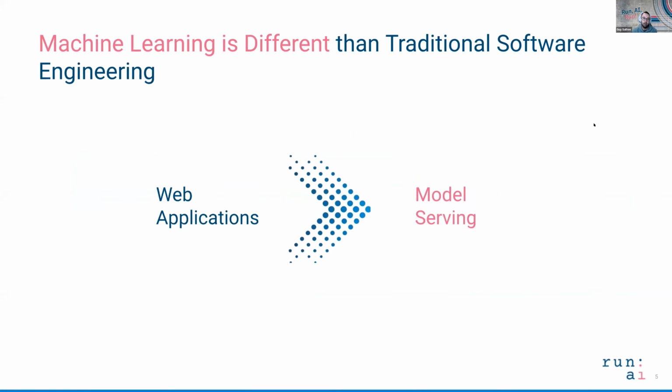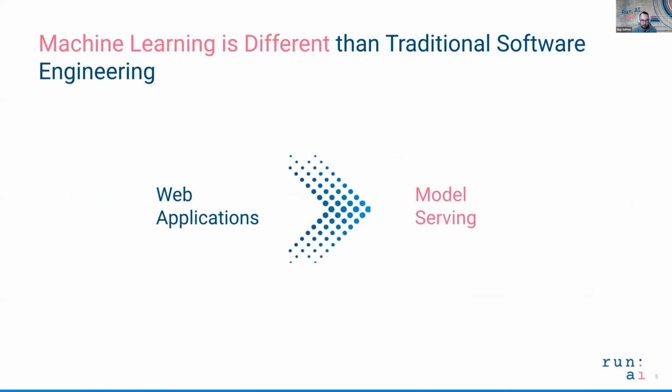Now, it's important to understand that machine learning is a completely different ballgame from traditional software engineering. Just deploying web applications to production does not have the same requirements as deploying a model serving system.